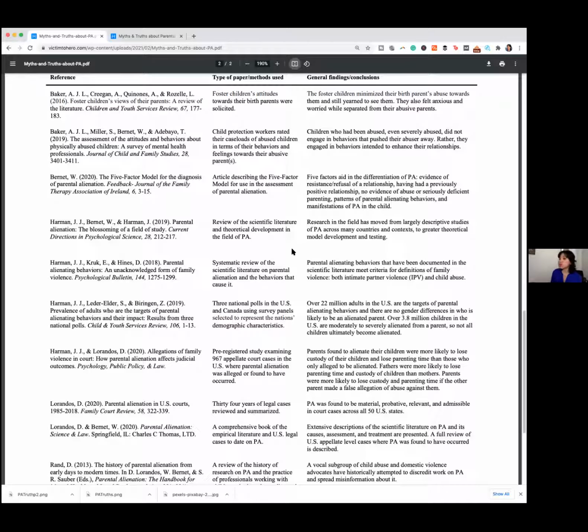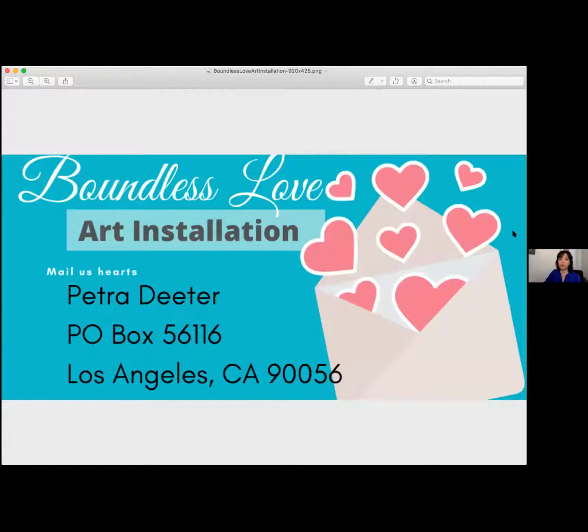And also please send us hearts, because we are trying to collect heart cutouts for our parental alienation awareness campaign. So we're definitely looking for more hearts. If you could, this is the address here. Please, it's less than 2 inches, and it can come from anybody.